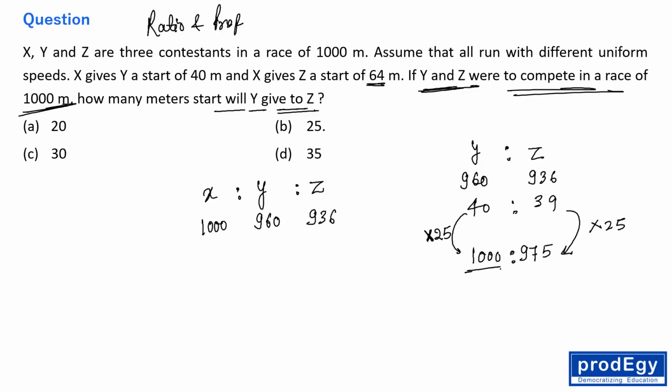So when Y runs 1000 meters, Z will be able to run only 975 meters, which is 25 meters less. So Y can give a 25 meter start to Z. The answer is 25 meters.